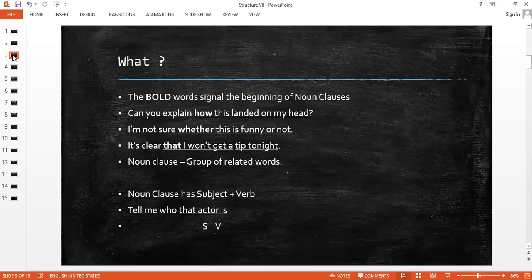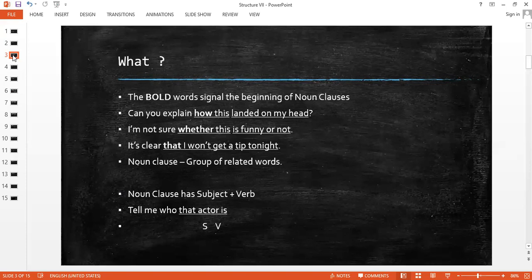Okay, and the next example is, I'm not sure whether this is funny or not. Whether this is funny or not is a noun clause. You can begin the noun clause with expressions like I'm not sure, I don't believe, for example.